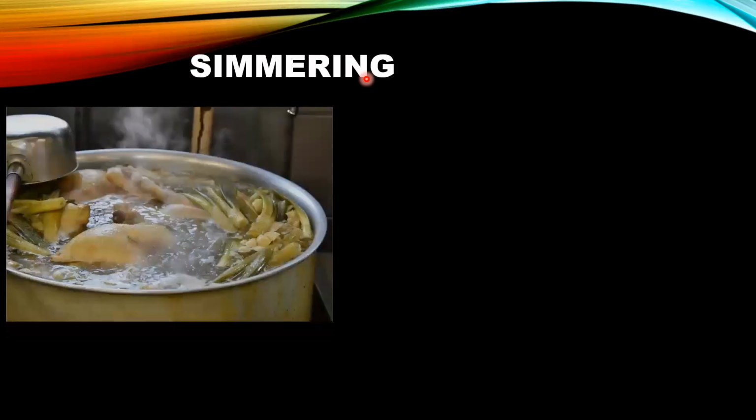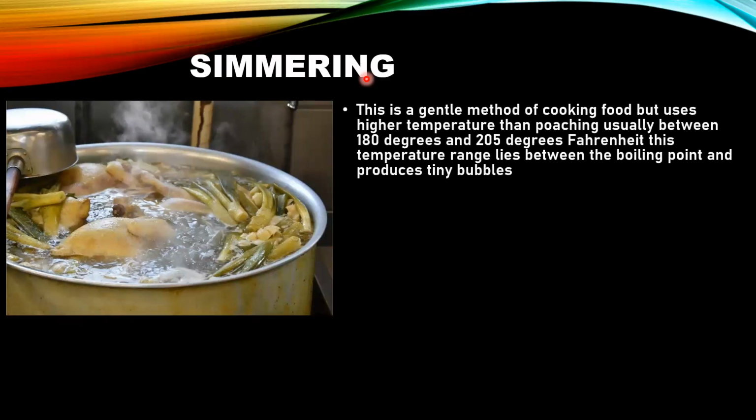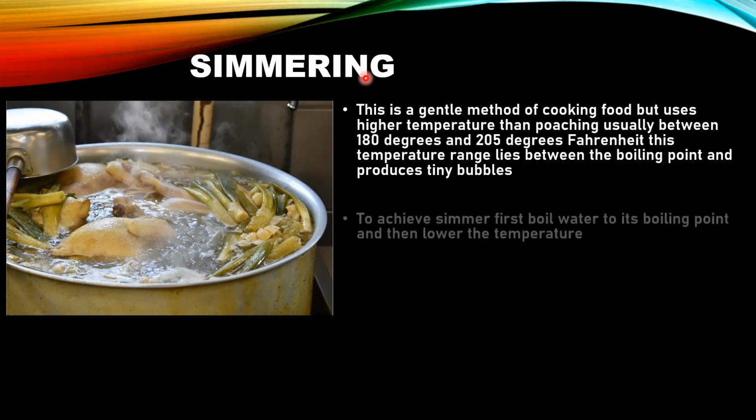We also have simmering. Simmering is a gentle method of cooking food, but it uses higher temperatures than poaching, usually between 180 degrees and 205 degrees Celsius. This temperature range lies just below the boiling point and produces tiny bubbles.